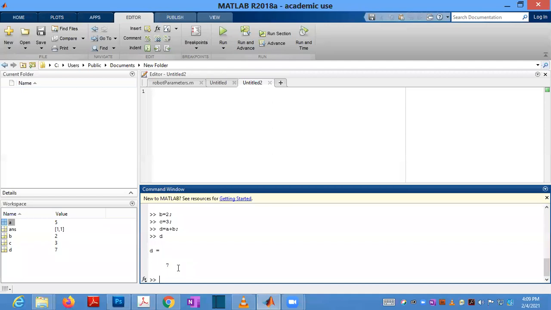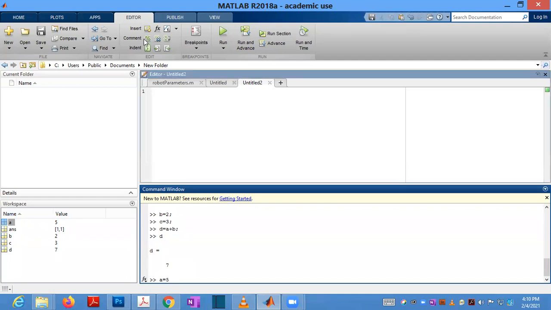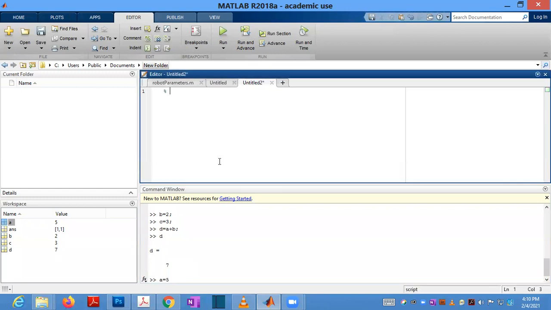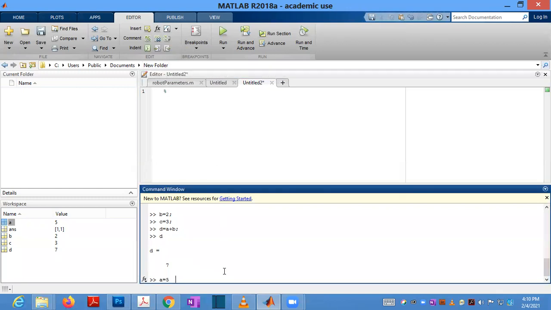Next, if you want a comment line, a is equal to 5. You can use the percentage sign. Whatever is after the percentage won't execute.